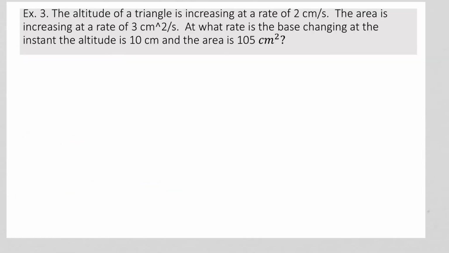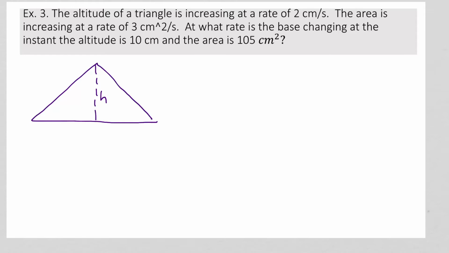Example 3 says the altitude of a triangle is increasing at a rate of 2 centimeters per second. So we've got a triangle. The altitude is the same thing as the height. So there's my altitude.